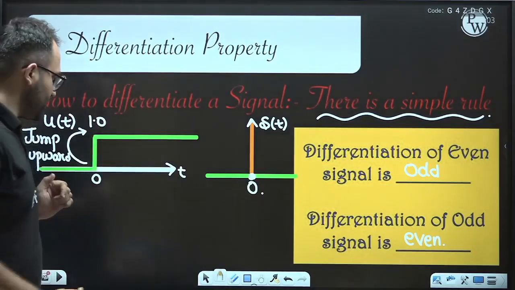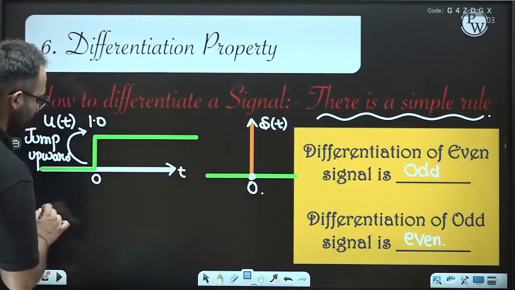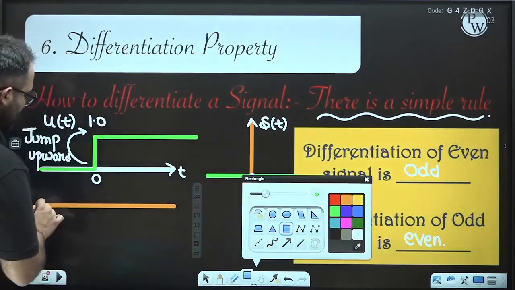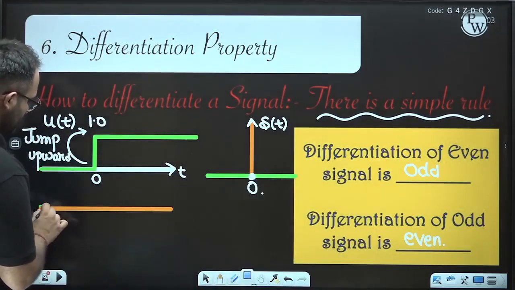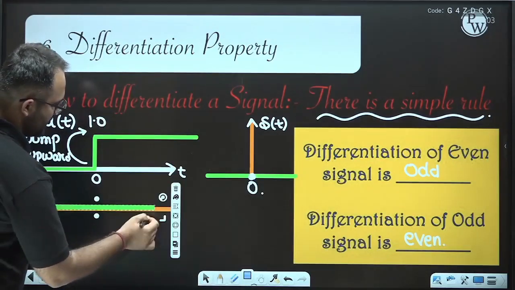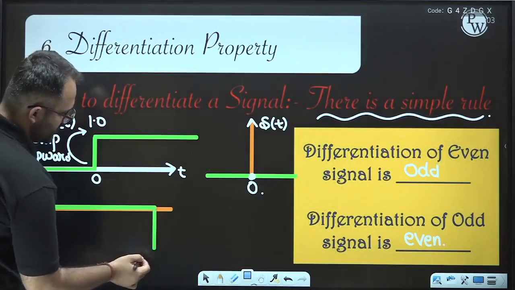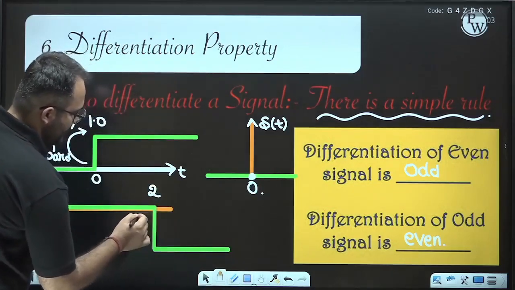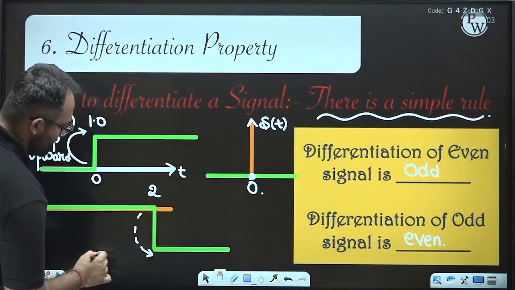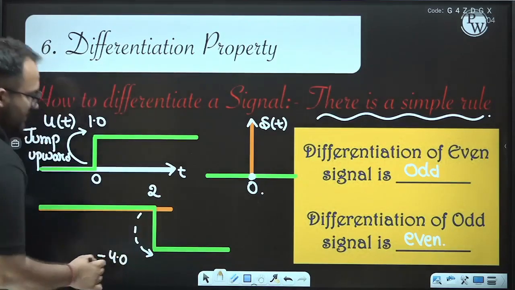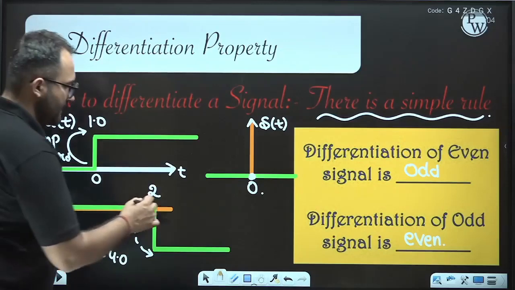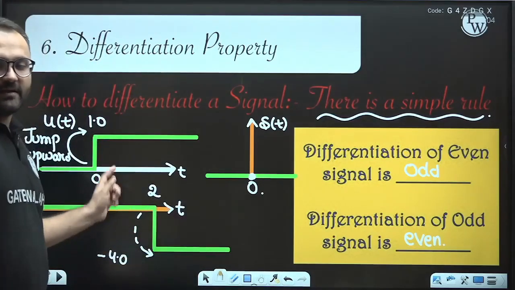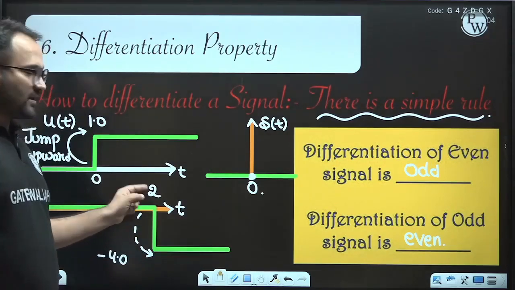Always remember that. For example, suppose we have a signal like this, 0, and suddenly it has a jump at 2, and the jump value is -4. This is the time axis, and suddenly the signal has jumped downwards by 4, and the location is 2.